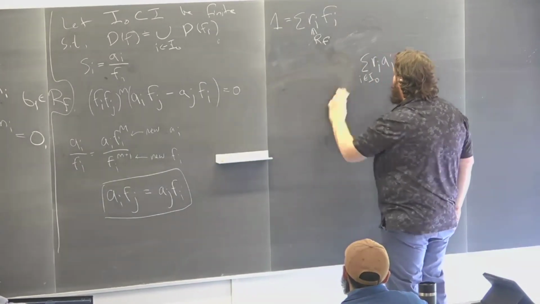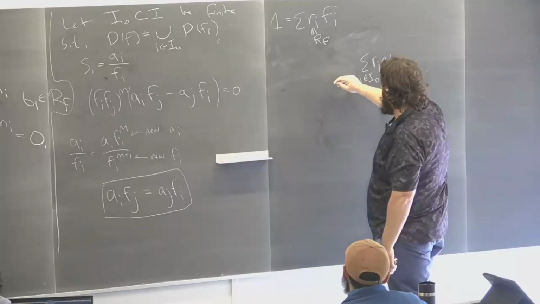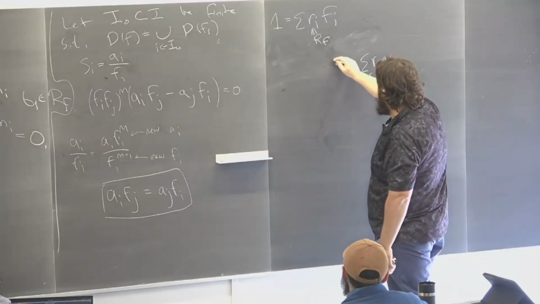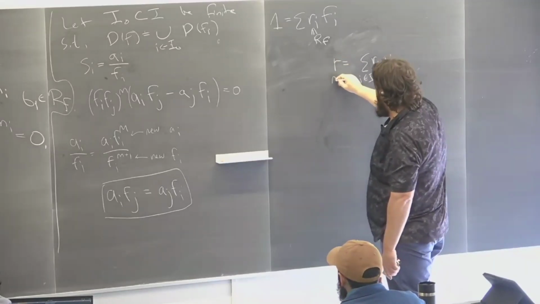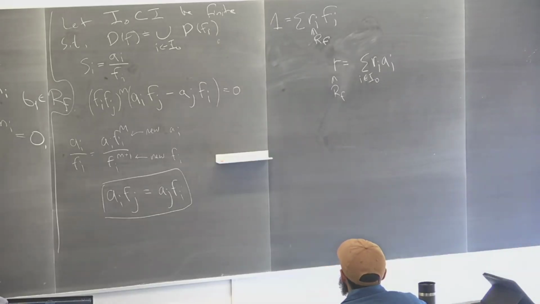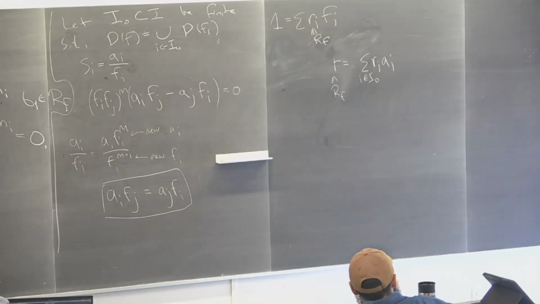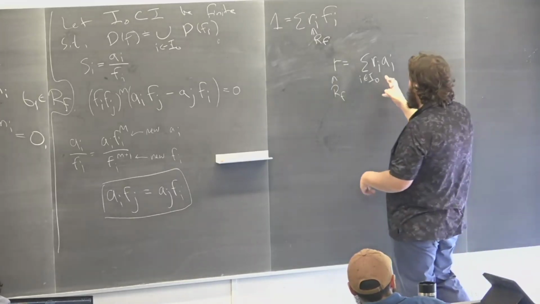But I can just forget about this guy and declare, okay, consider the element R in R of F of this form. That's a perfectly consistent thing. Then I can look at the equation that I just had, and that tells me that I can rewrite this guy.